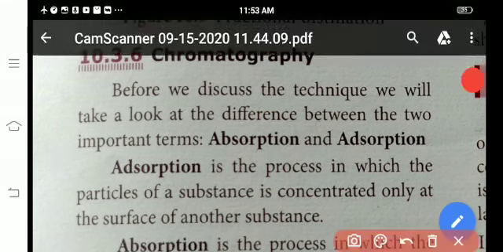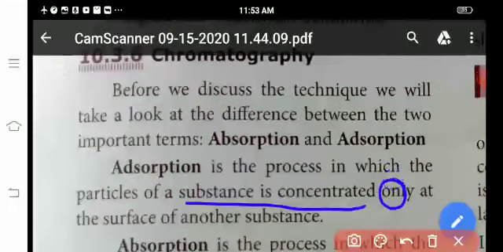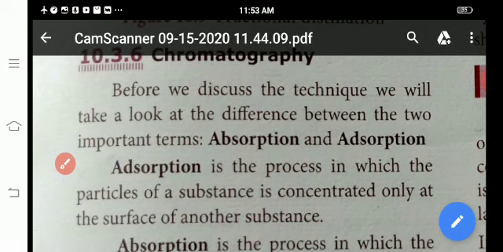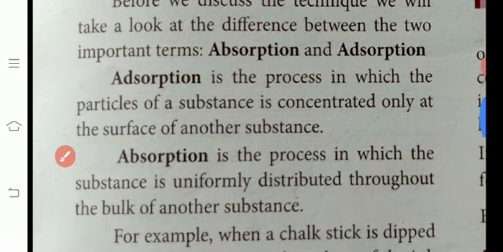Adsorption means the substance is concentrated only at the surface of another substance. Then what is meant by absorption?